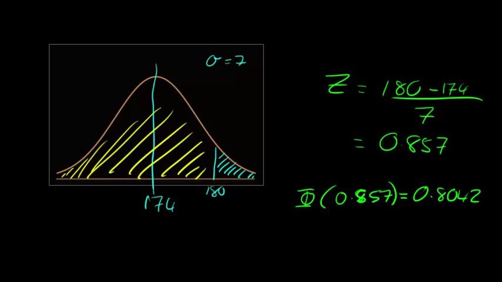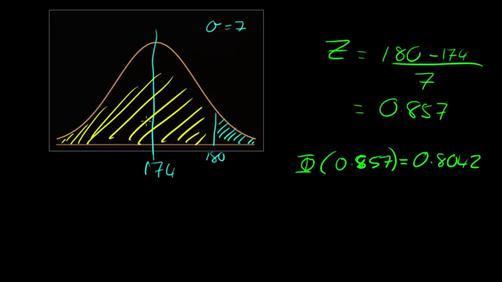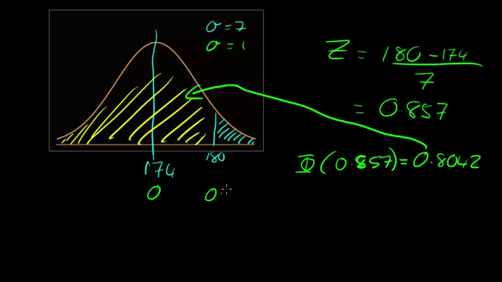Now that means the bit in yellow is this value. So that number represents that value. So remember, our mean in the Z world is 0, our standard deviation in the Z world is 1, and the value that we've just looked up in the tables is that one in place of the 180.